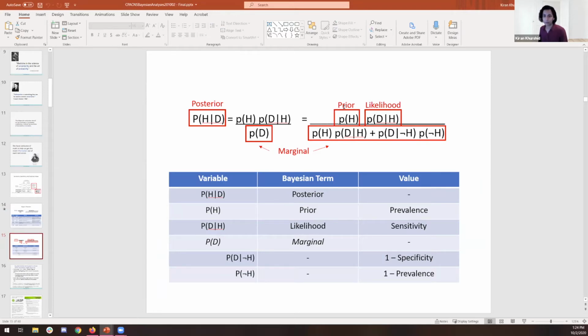That could be autism, it could be Alzheimer's, what have you. The likelihood is the data that you're presenting to the table. The denominator right here is going to be derived from the specificity and the prevalence data that we have about the condition. And I think, Tim, this is where you take over.